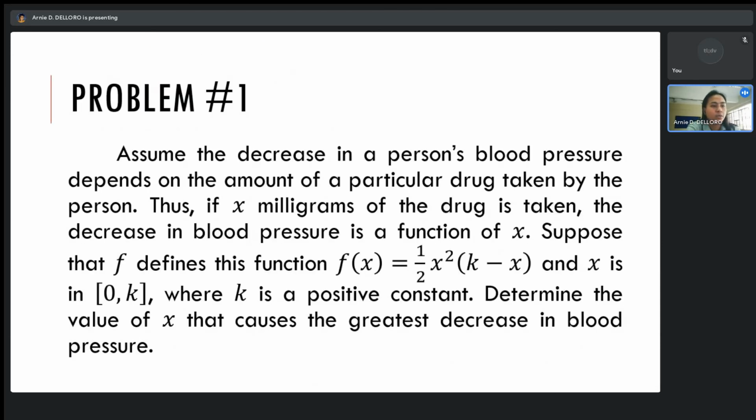Ang tanong lang naman dito, determine the value of x. Okay? Or yung critical value that will cause the greatest decrease in the blood pressure. Okay? Siyempre, yung 0, hindi naman na pwede. Okay?